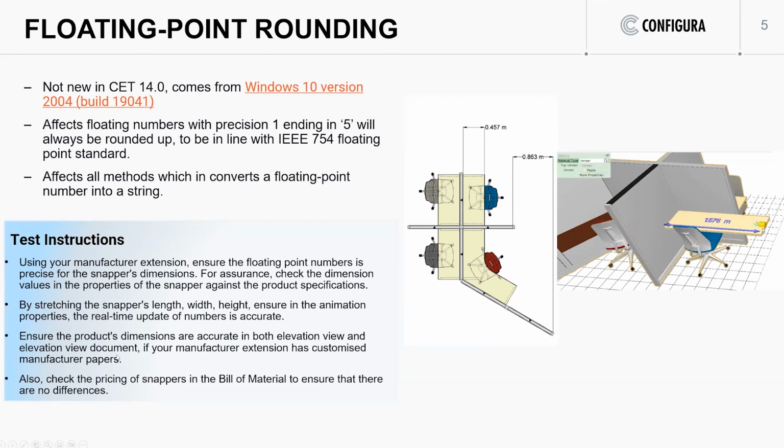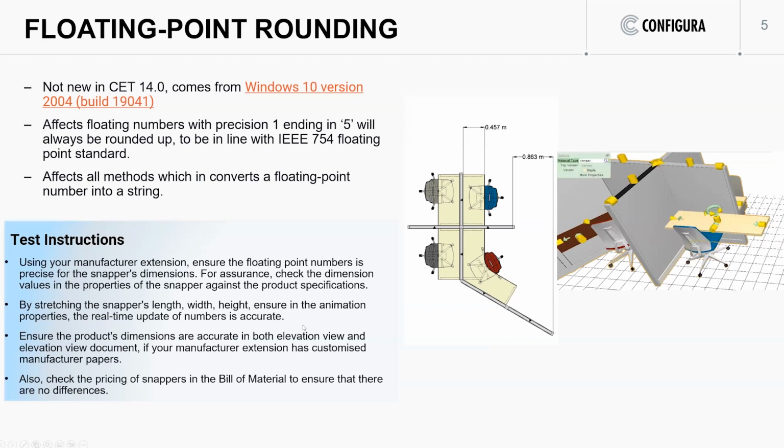I believe some manufacturer extensions have highly customized manufacturer papers, some of which have special elevation view documents, which describe the panel's elevations in a more detailed manner compared to what we have in the abstract.